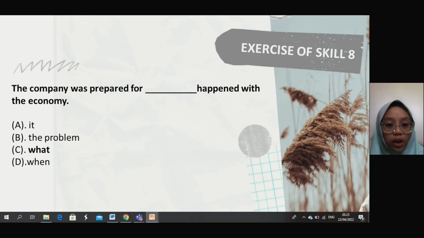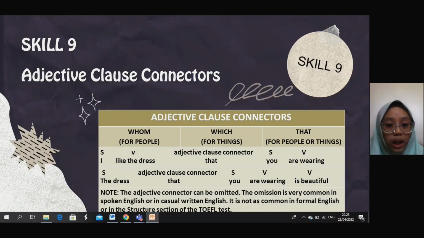So far we have looked at skill 8, noun clause connector or subject. Now I'd like to explain skill 9, adjective clause connector. This slide shows skill 9, adjective clause connector. Adjective clause connectors are located in the middle and connect two sentences into one, such as whom for people, which for things, and that for people or for things.